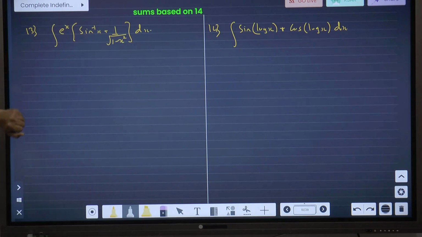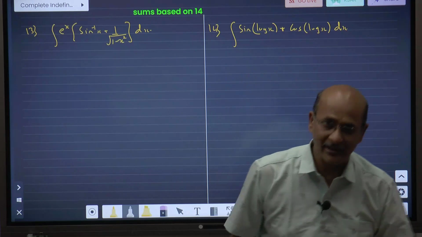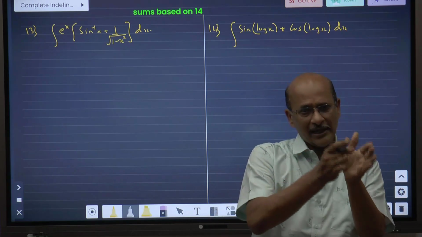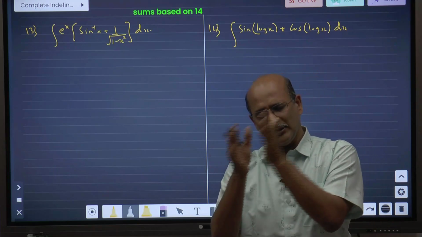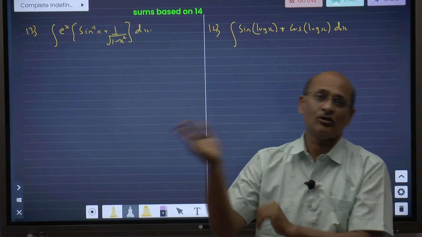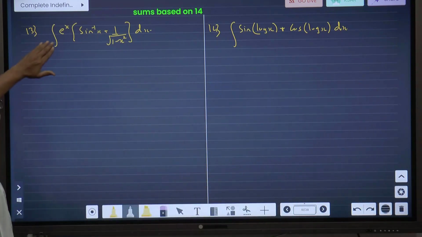As I said before also, whenever e raised to x is there in the integrand, you have to check whether a function and its derivative are there, or whether the e^x sin x, cos x form is there. Either of the two. First you check that. So e raised to x is there.